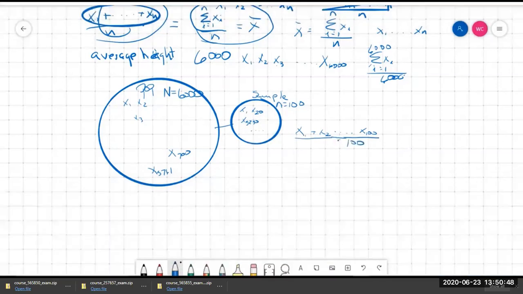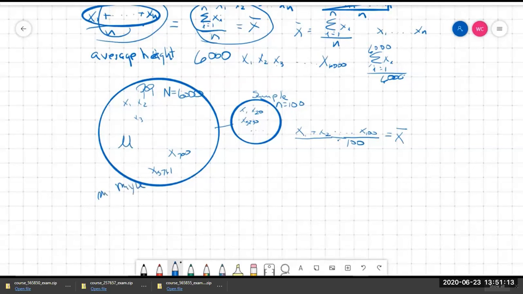So we're going to take the 100 people and calculate their mean, and we're going to call that x bar, like we said. But for this, we're not going to use x bar. For the mean of the whole population, we use a different symbol. We use this symbol mu, which I think is a Greek M. Mu, M-Y-U.